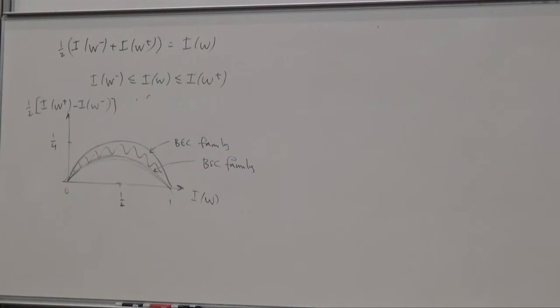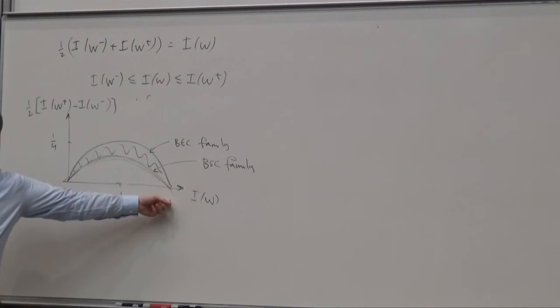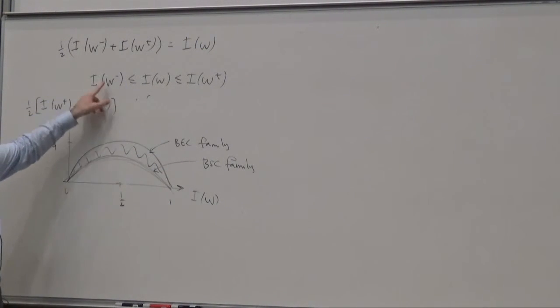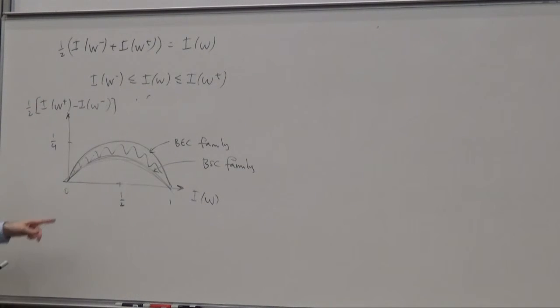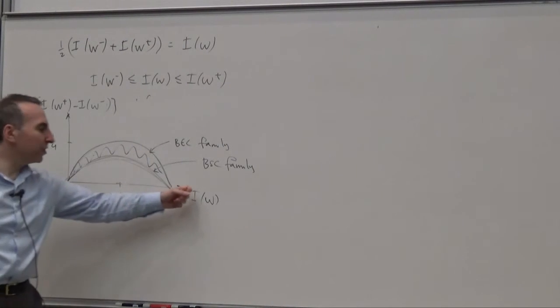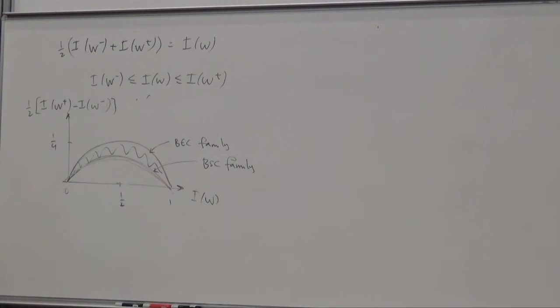Unless you're already extreme, unless you are close to the 0 and the 1, this polarization operation creates inequality. So this is the inequality created. The difference between the plus and the minus channels is exactly this vertical axis there. So the only way not to create inequality is to already start at the extreme of channels. Everything else creates inequality. That's the meaning of this.